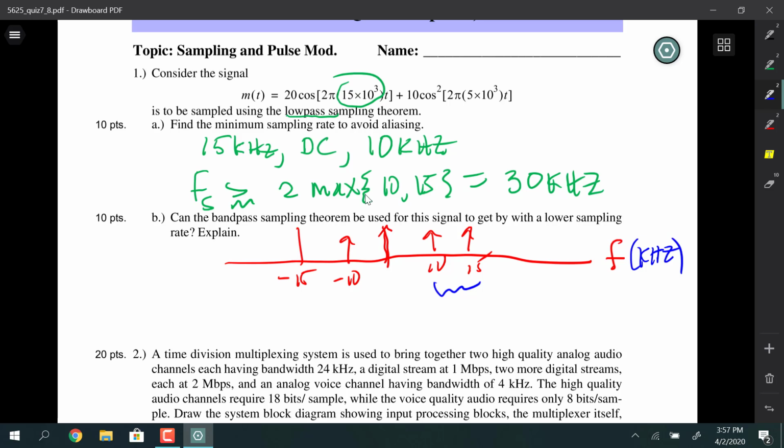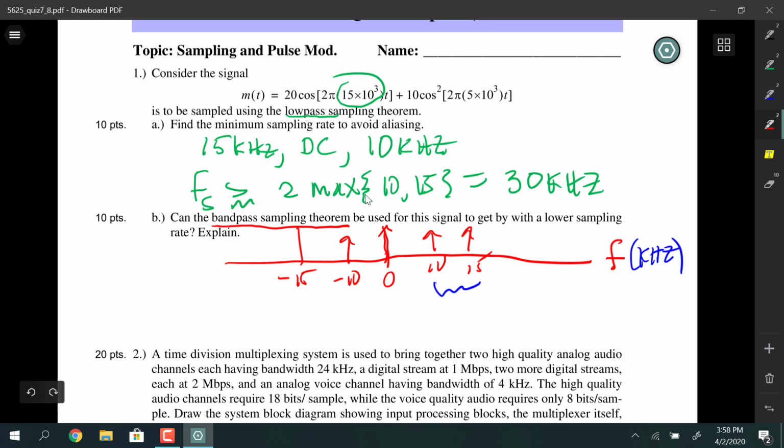So given that this signal has a DC component, according to our sampling theory, the bandpass sampling theory in the book, and that's the one I'm referring to here, not that homework problem setup, we can't do it because it says that it applies to a signal that has zero spectral components below a lower band edge.